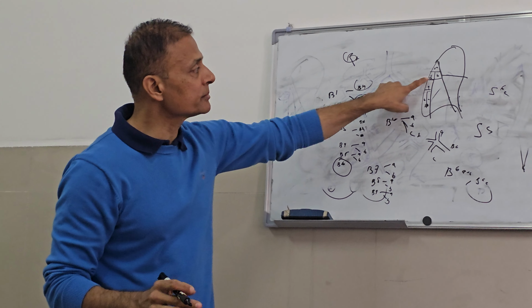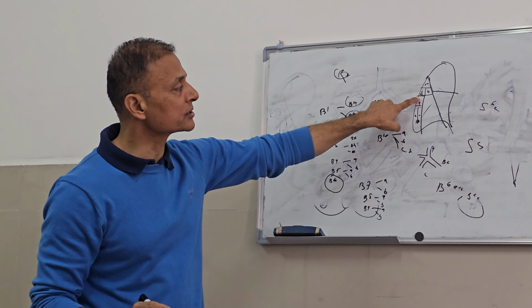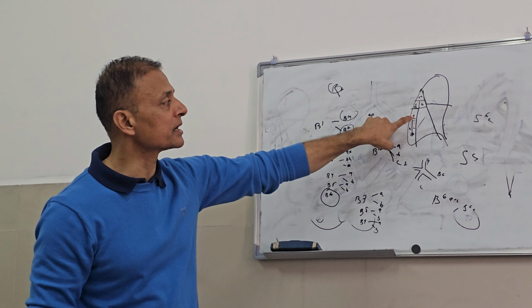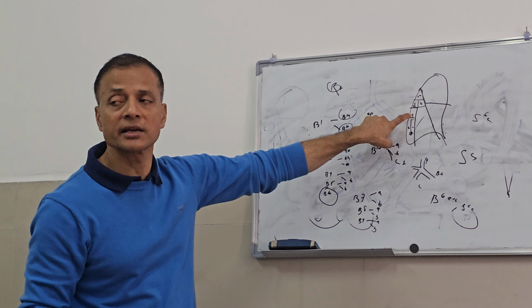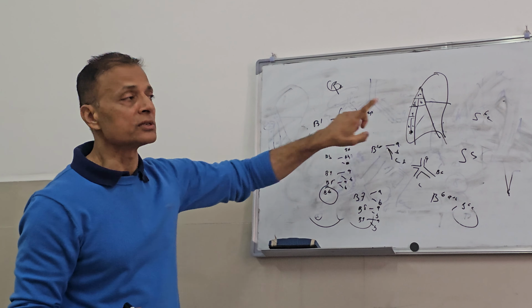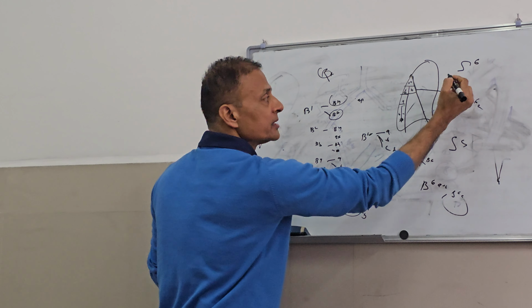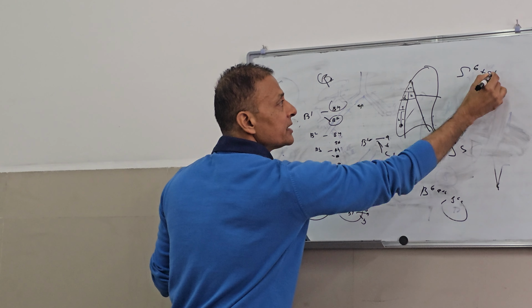So if it is 1 centimeter only and you take a 2 centimeter margin, it will dip inside S10C, S10A, right? So in such cases, if you need to consider segmentectomy, then you have to take out the S6 segment plus S10A, right?